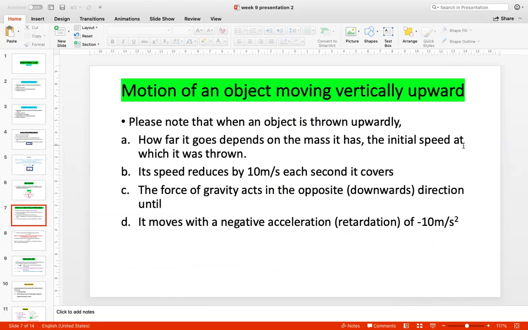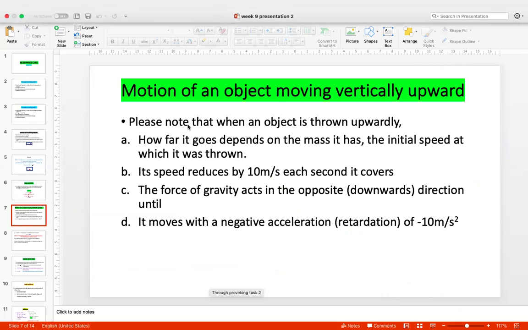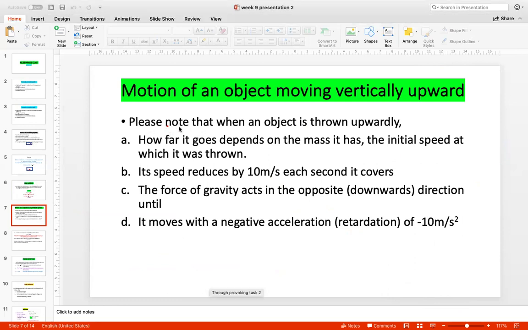The next slide now talks about the opposite: when an object is thrown upward. So one of the things that we have here, please, we have to note. We are not going to say remember, because we might not have learned it. So we're saying take note that when an object is thrown vertically upward, you are applying force on the object upward.